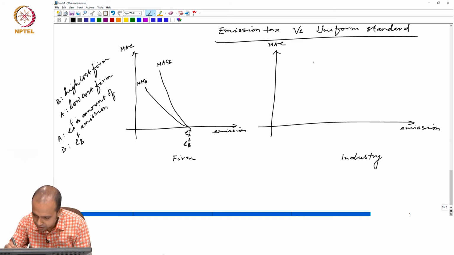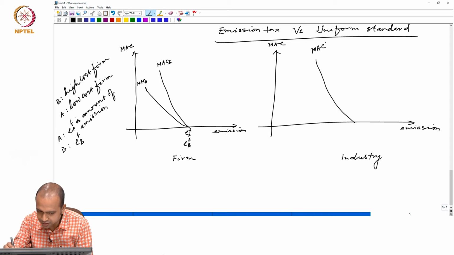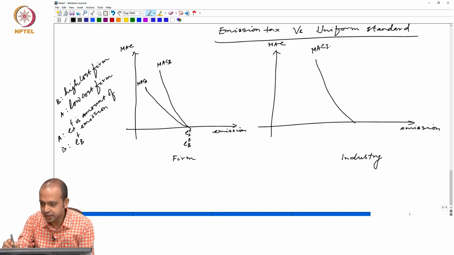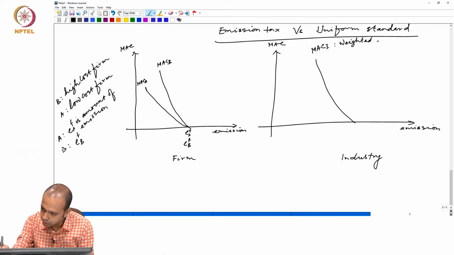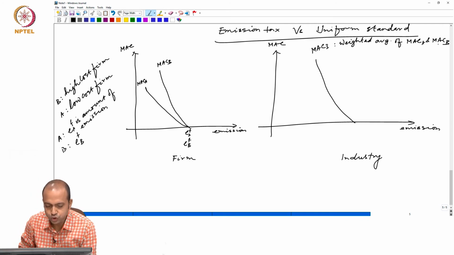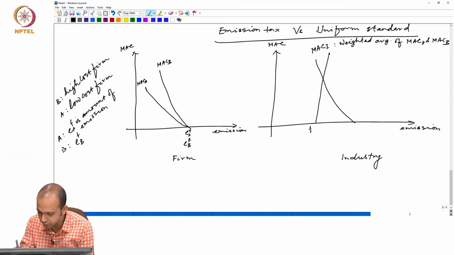Now, let us say that this is MAC industry level, and that is actually the weighted average of MAC A and MAC B. Let us now suppose the regulator wants this amount of pollution control, which is half of EFA plus EFB.